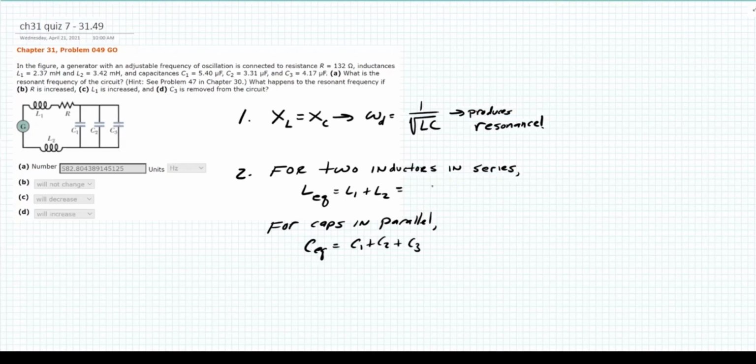So let's get an equivalent inductance value. L1 plus L2 is going to be 2.37 plus 3.42 millihenry, e to the minus 3 Henry. So there's my L equivalent. My equivalent capacitor value is going to be 5.4 microfarads plus 3.31 microfarads plus 4.17 microfarads, e to the minus 6 farads.